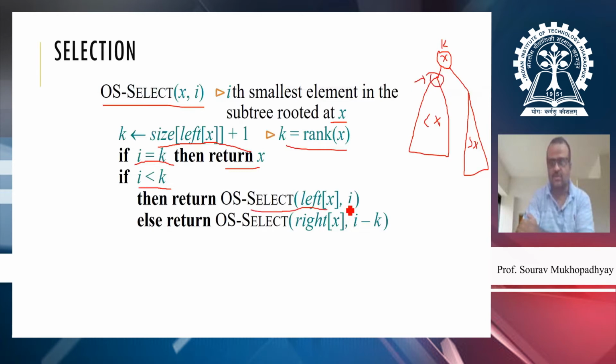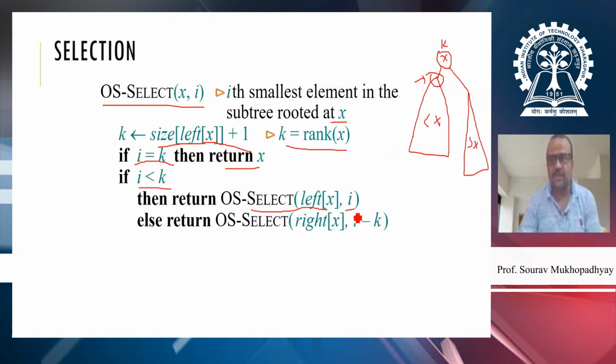For this new root, the rank of that root is the size of the left subtree plus 1, in that corresponding subarray. So again we call this select, and we will do that.